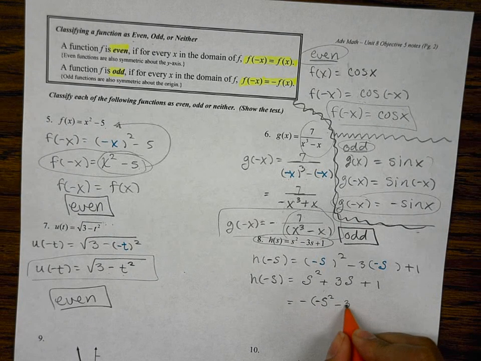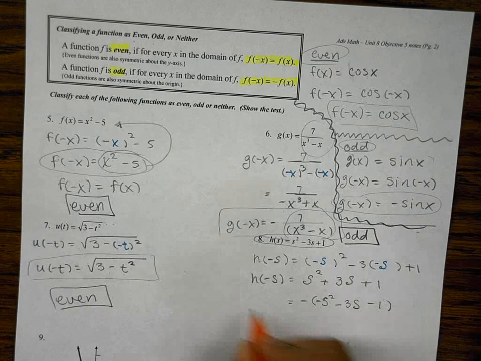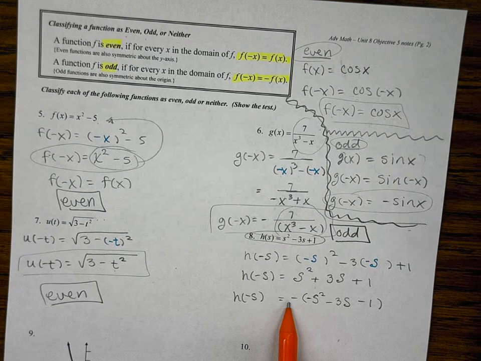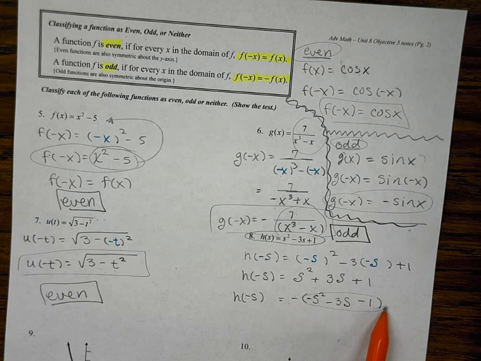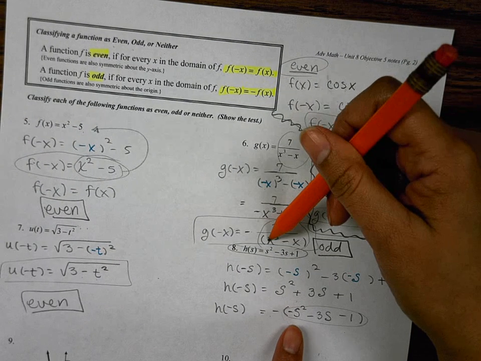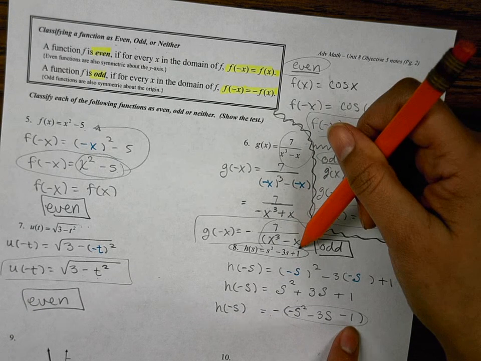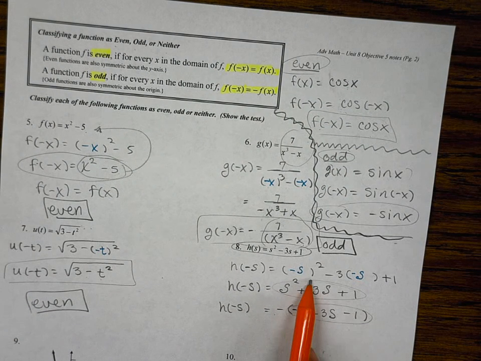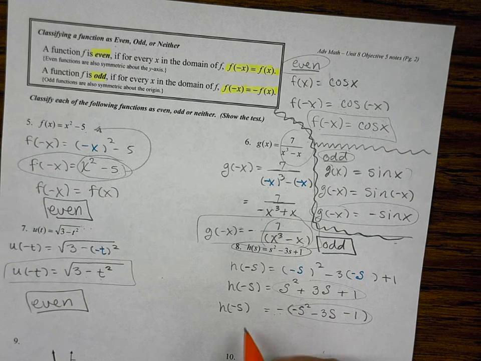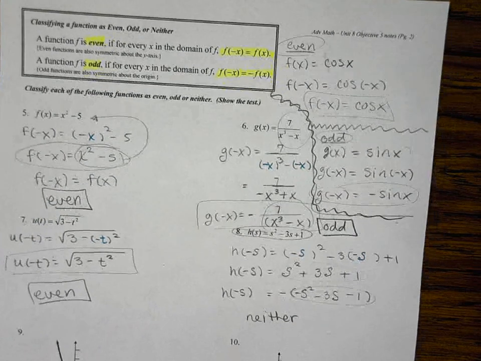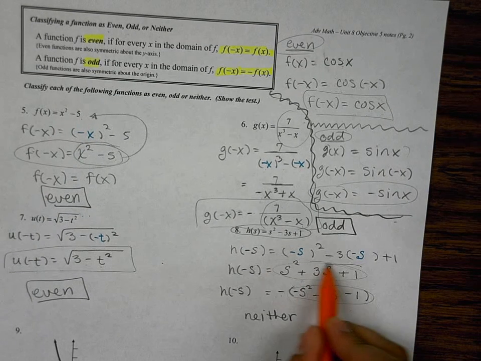Negative s squared, because I'm taking out a negative, minus 3s minus 1. Okay, so the opposite of this, is this the original function? Positive, negative, negative, negative, positive, negative. It is not the same. So it's not the same as the original. It's not the opposite of the original. So we would say neither.